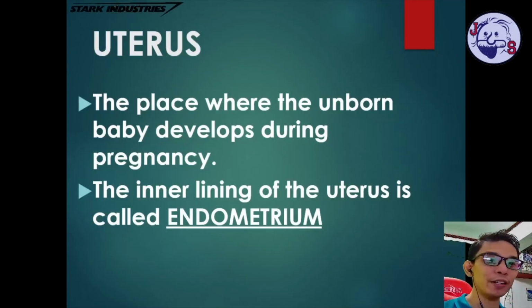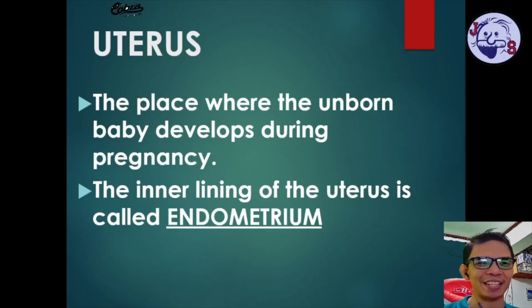Alright, the next part is called the uterus. The uterus is the place where the unborn baby develops during pregnancy, and the lining of the uterus is called the endometrium.